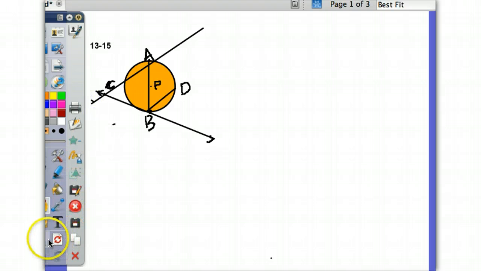All right, I just adjusted a little bit. Let me just come back again. Point A. Something like that. All right, so that would be a secant line through point A.